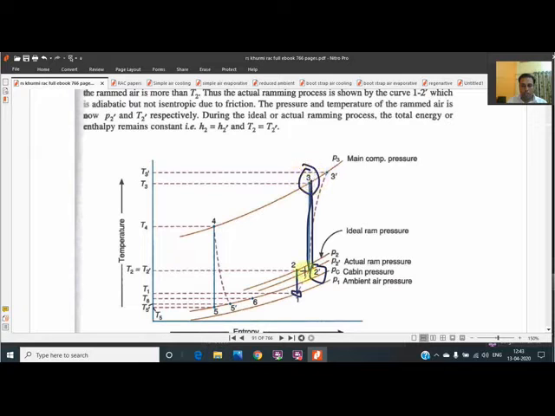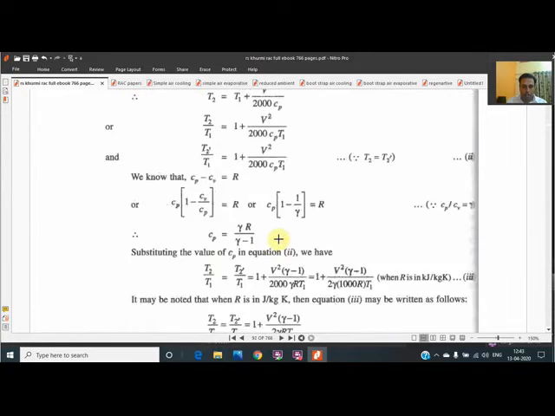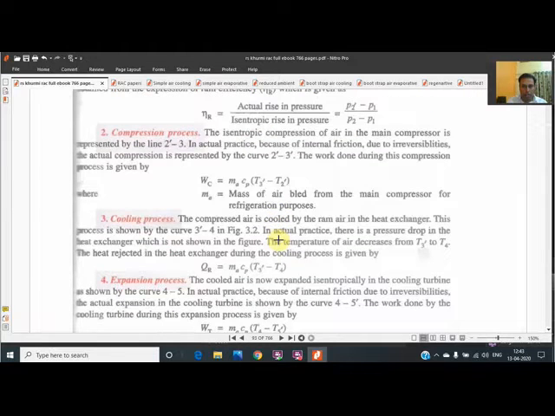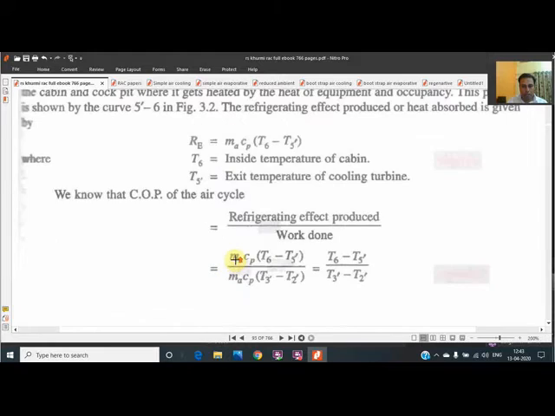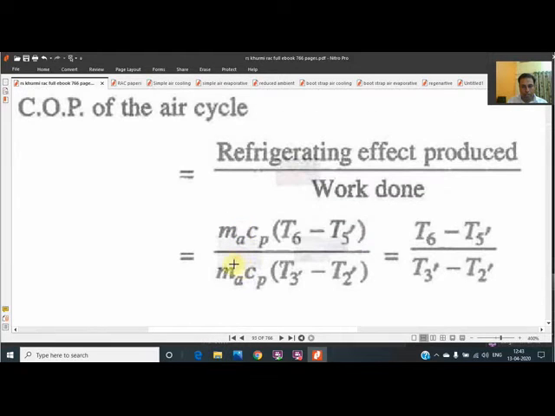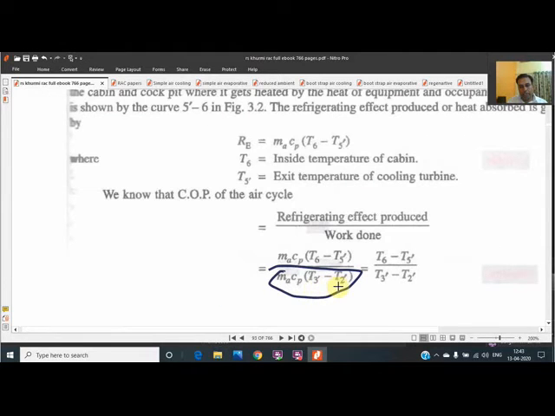The work done is determined by 2-3 itself in all the 6 systems. If we are considering the work done for the complete system, you can see the work done for the complete system is 3 minus 2, and we have to determine it anyhow. In this way, what we learn is that the temperatures are important, and we have to somehow determine the temperature.